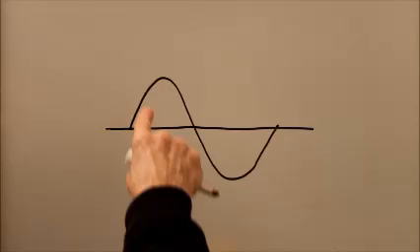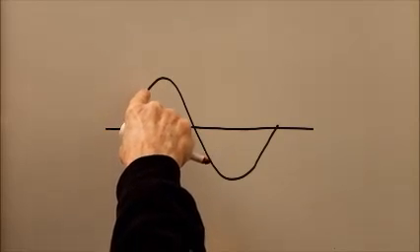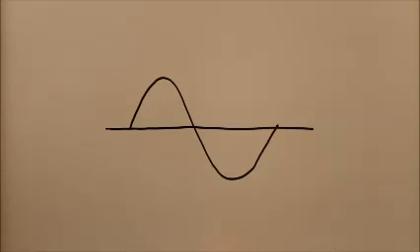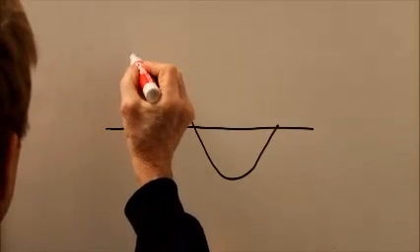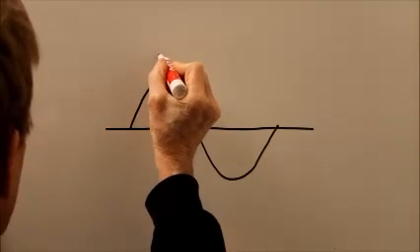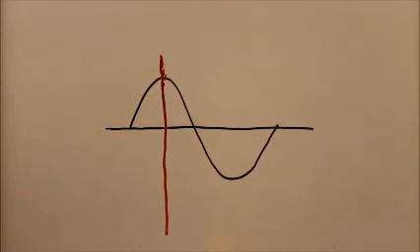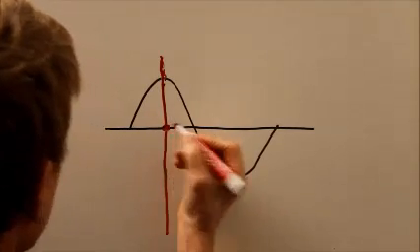A differentiator is going to take the slope of this curve at every point and assign a voltage to that slope. So let's suppose that we start right here on this wave. The slope is 0, so the derivative is going to be 0.